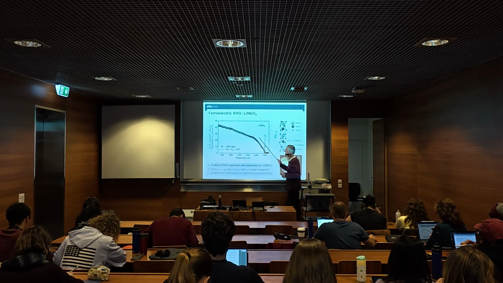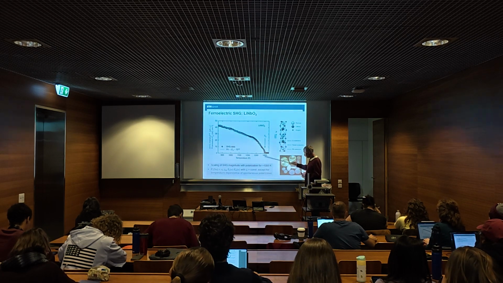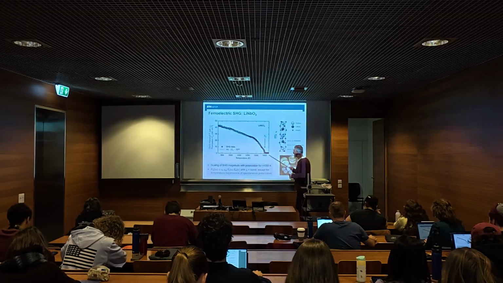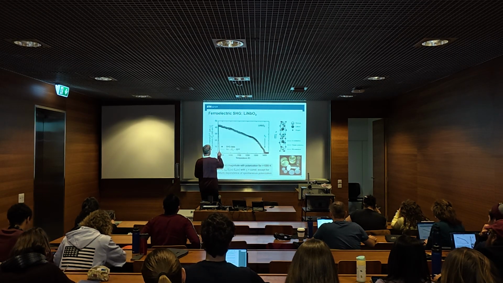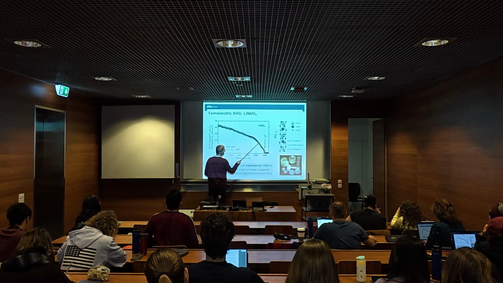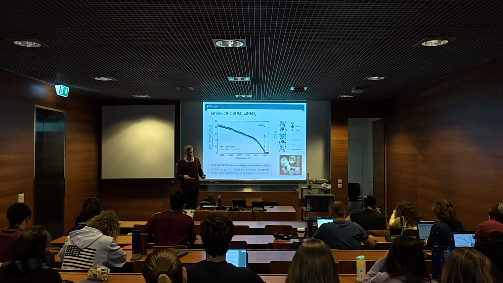So here you see the lithium niobate again, that you have seen a number of times. It orders at 1400 Kelvin, and when you measure the second harmonic intensity as a function of temperature, you will see it exactly scales like the polarization. That means it really directly images the polarization of your sample.